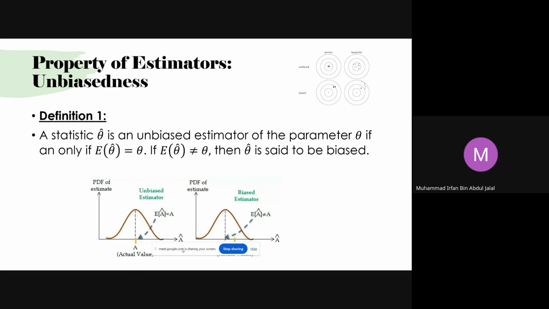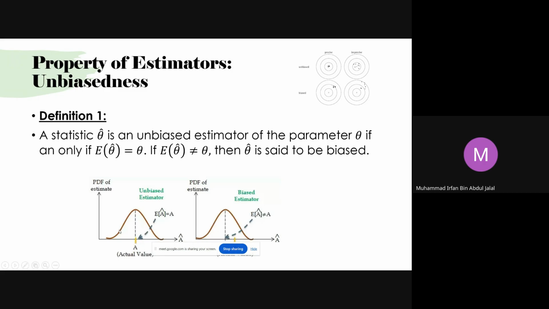For example, as you can see from the distribution curves here, for an unbiased estimator, the expectation of the estimator, theta hat, will equal the true value of theta, which is the actual value in the population. Based on the example I gave just now, say we computed 3 sample means from 3 different samples, each with 100 subjects.